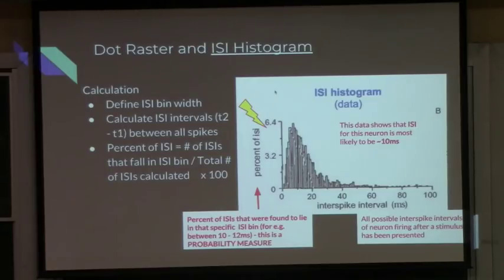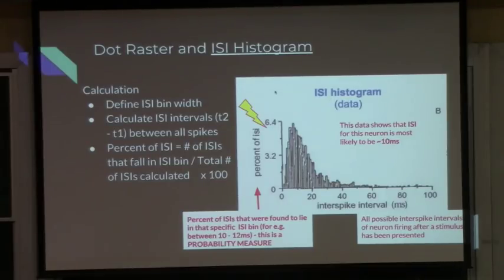Oh, the reason is just, we're defining our y-axis as a percentage. Out of the ISIs that you've calculated from the data given to you about this neuron's behavior, you're looking at the percentage of ISIs that lie within a specific bin width, out of the entire time period that you're looking at.